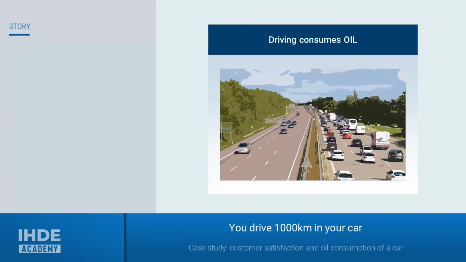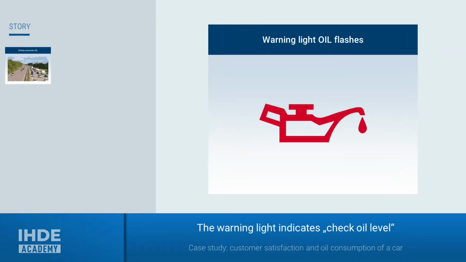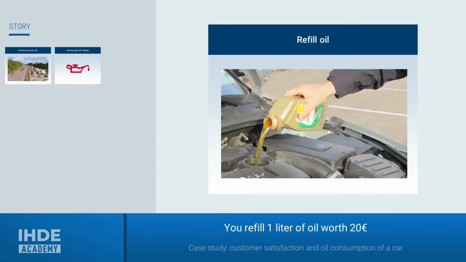Please imagine you are driving a certain distance in your car, for example, 1000 kilometers. After 1000 kilometers, a warning light comes on, telling you that the oil level is too low. So you drive to the nearest gas station and fill up a liter of motor oil worth 20 euros.